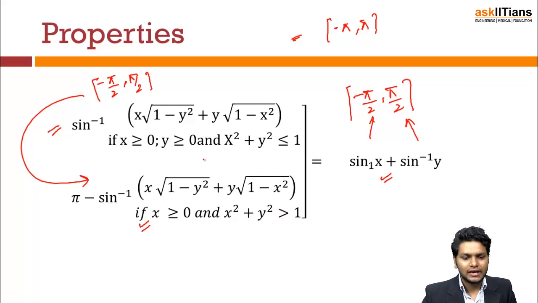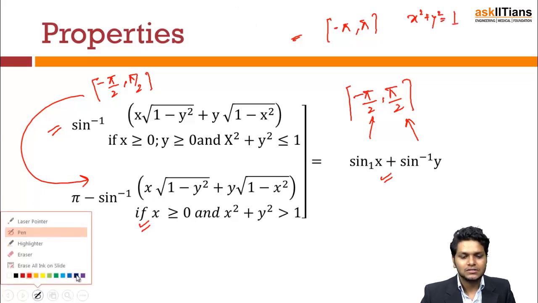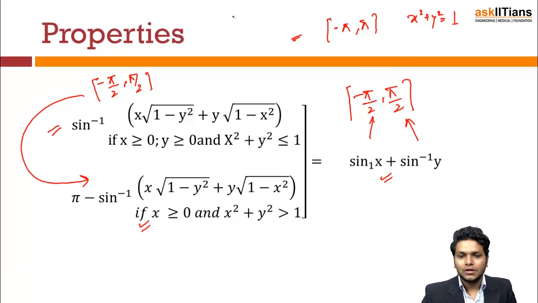So what is this? Let's try and understand. Writing down an equation, x square plus y square equals 1. If I look at this properly, I'll see that this is the equation of a circle, of unit radius, with the point on the x axis being 1, 0 and the point on the y axis being minus 1, 0.